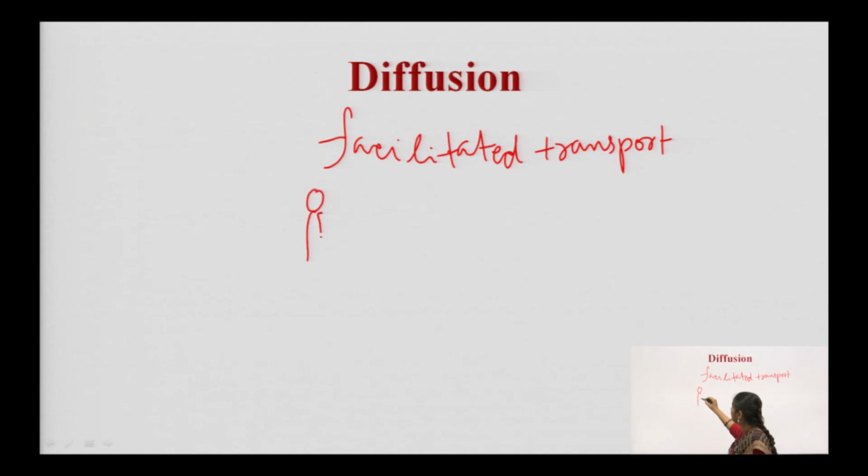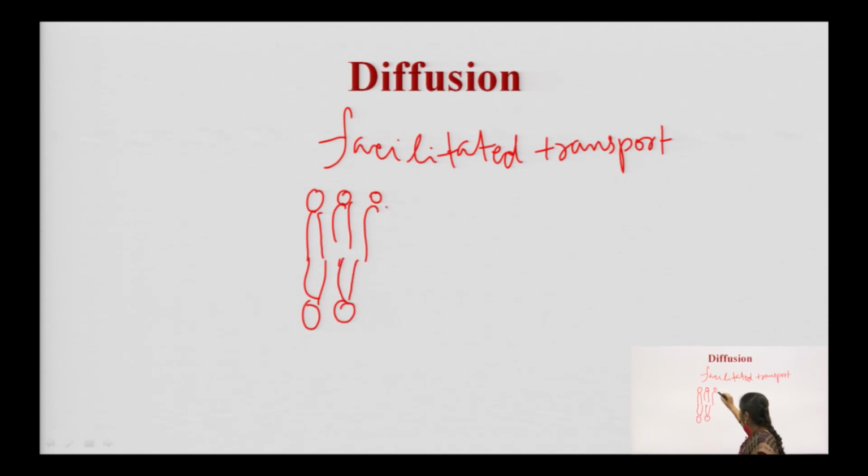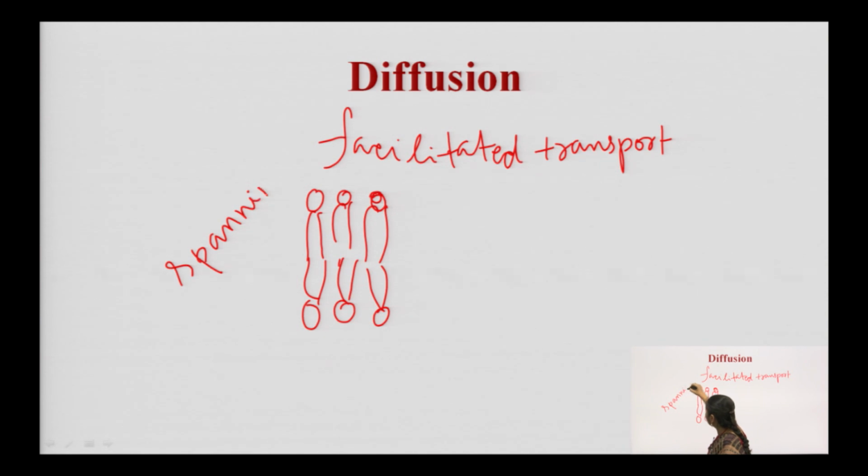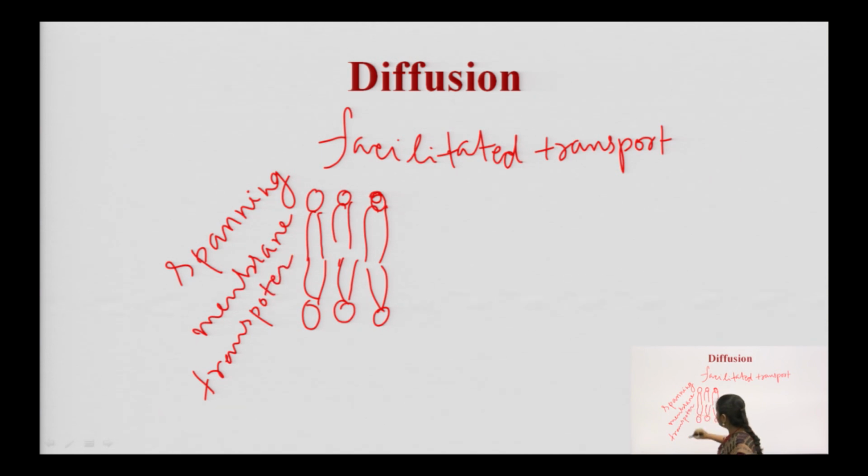You can say this is your cell membrane, and here in the cell membrane there are certain spanning membrane transporters.